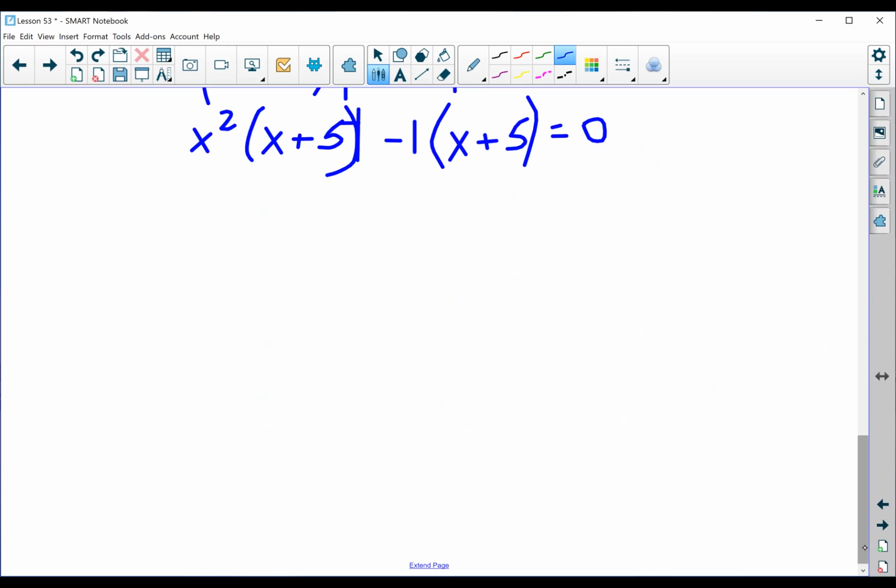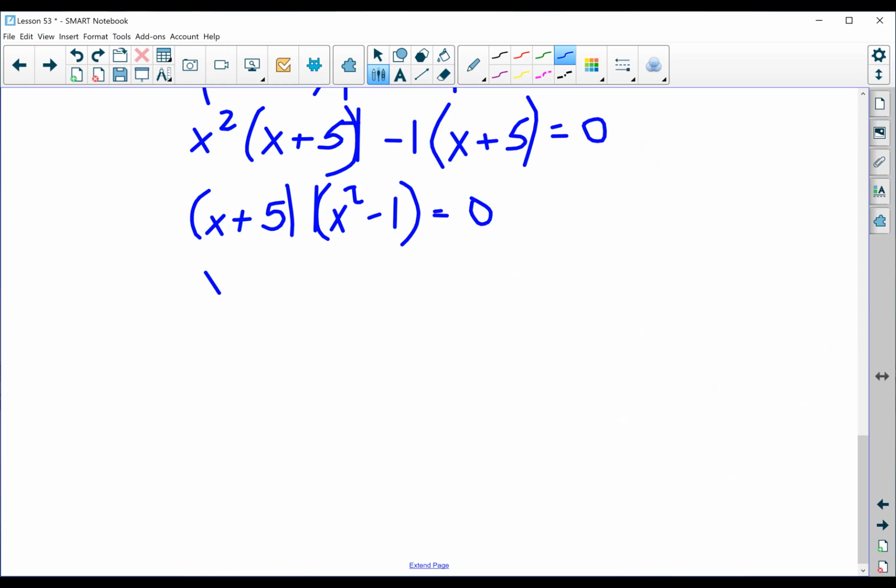So then, if I factor out the x plus 5, I'm left with x squared minus 1. Can I factor x squared minus 1? So that's going to factor.